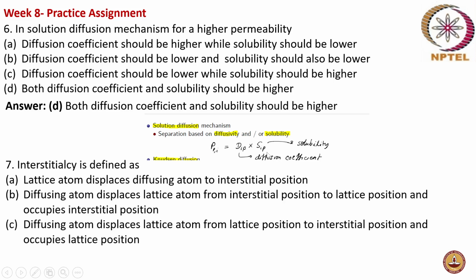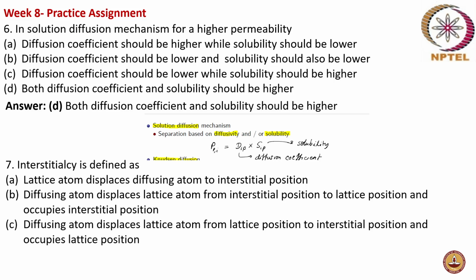Okay, next, how is interstitialcy defined? Is it a lattice atom displaces the diffusing atom to an interstitial position, or the diffusing atom displaces a lattice atom from an interstitial position to a lattice position and then it occupies the interstitial position, or the diffusing atom displaces a lattice atom from the lattice position to an interstitial position and then it occupies the lattice position?